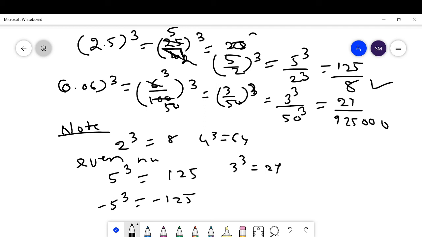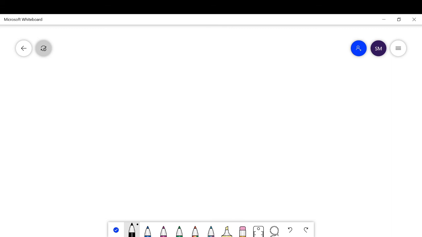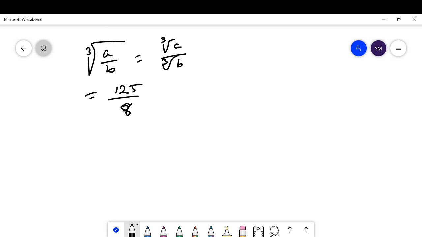Then how can you find out cube roots? Suppose the cube root is written like this: cube root of A upon cube root of B. Suppose you have to find out the cube root of 125 upon 8.